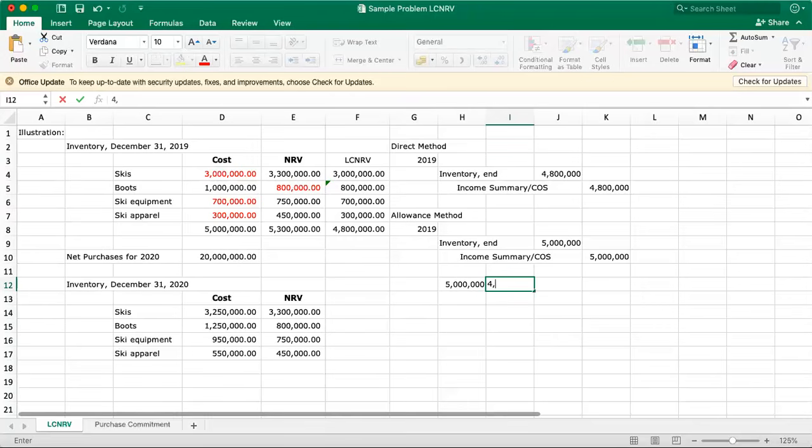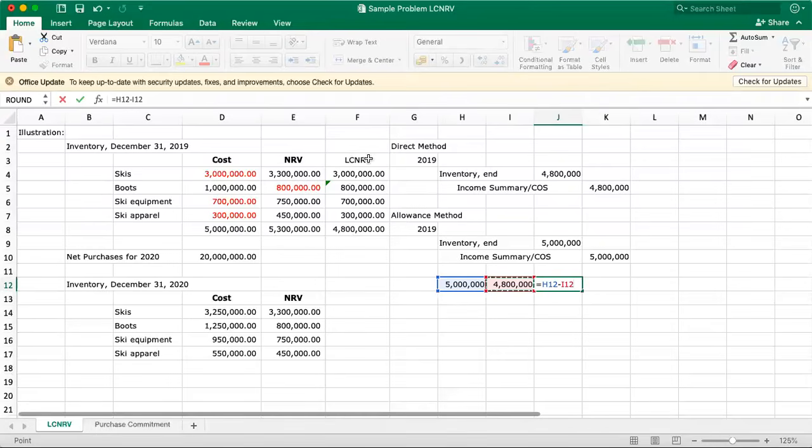So the cost is 5 million, and we compare it to the LCNRV of 4,800,000. Which one is greater? The cost is greater than your LCNRV. Therefore, we have a loss on inventory write-down of 200,000. So 5 million minus 4,800,000, the cost is greater compared to the LCNRV.